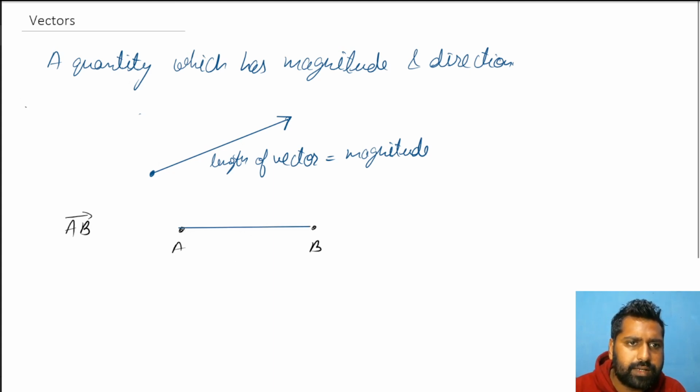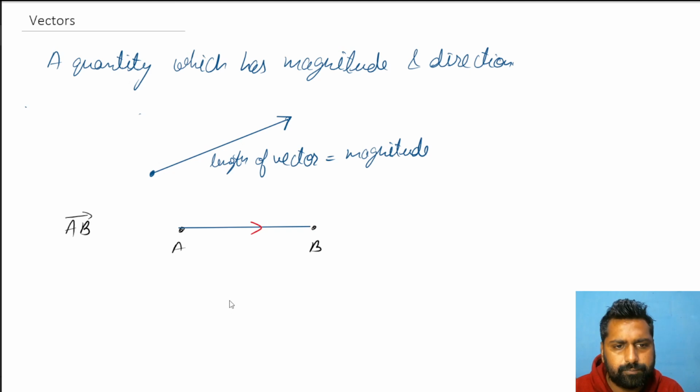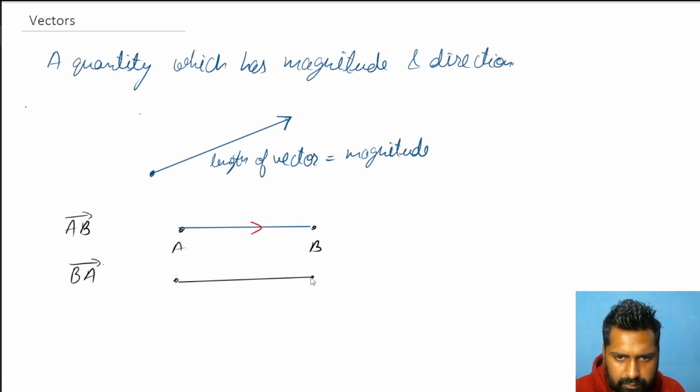It represents direction from A to B. Similarly, BA vector will be regarding the same 2 points A and B, but the direction sense will be opposite. It will be from B to A. So AB vector is from point A to point B, and BA vector is from B to A.